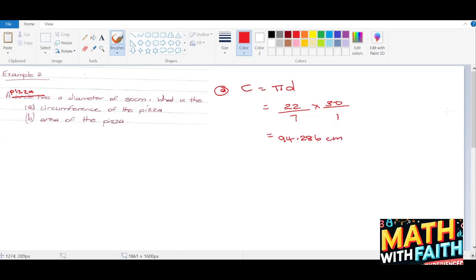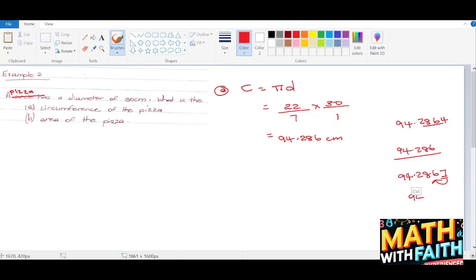Note well, if you get 94.2864, and you say, okay, I'm going to use 3 decimal places, that's 94.286. You'll put your answer as that. But if you get 94.2867, remember, if you're rounding off, every time you round off, look at the number afterward. So your answer will be 94.287 centimeters, because you have to round up that 6, right?